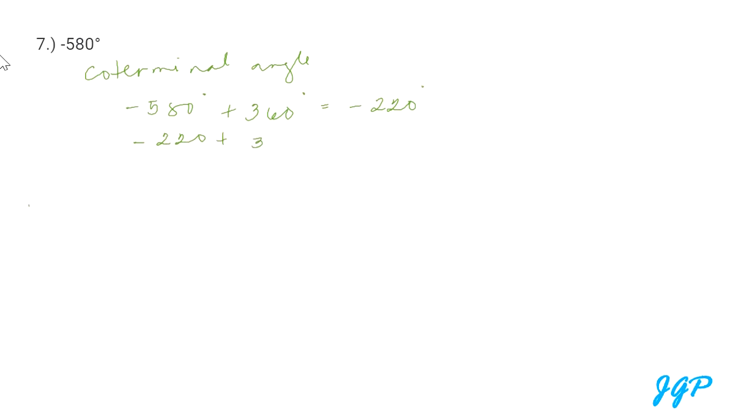So, ito yan. And the result of this one is equal to 140 degrees. Since meron na akong positive coterminal angle, I can use this now to find the reference angle of negative 580 degrees. Since sila nga ay coterminal, parehas lang ang magiging reference angle nila. So, let's find the reference angle.